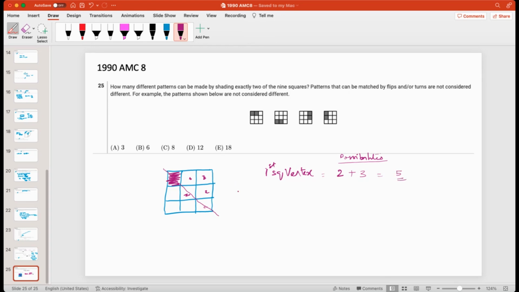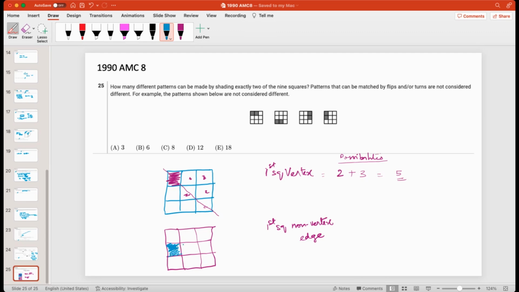Now I'm going to take the possibility of the first square being a non-vertex edge square. Let me draw this once again. When I say non-vertex edge, one of the possibilities is this. It's a non-vertex, but it's an edge square.